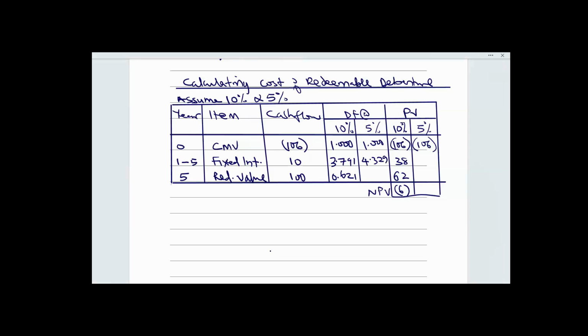Then discount factor at 5% for year 5 is 0.784.